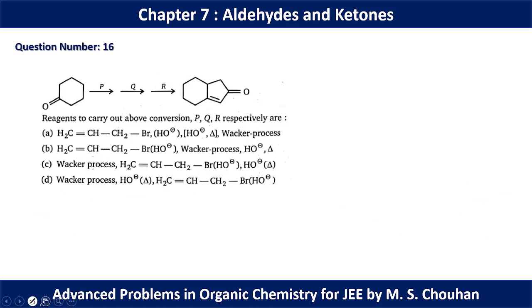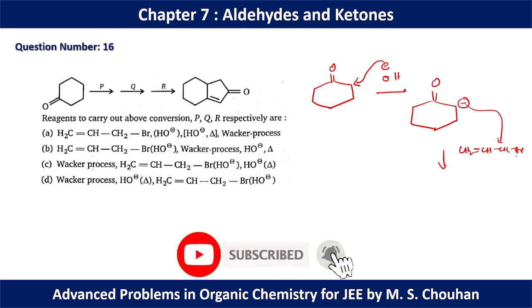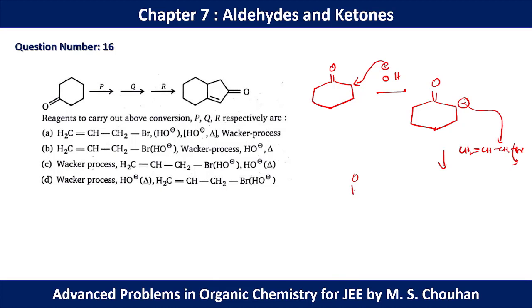In question number 16, so we have started with cyclohexanone. In the basic medium, this acidic hydrogen will be dissociated. So this will be the carbanion we are going to form. Now CH2, CH2Br, this negative charge can approach and this Br will be eliminated from the system. So we can have a situation like this, CH2, CH double bond CH2.